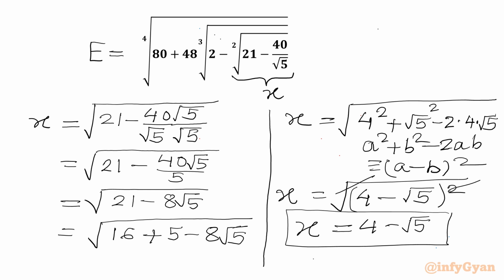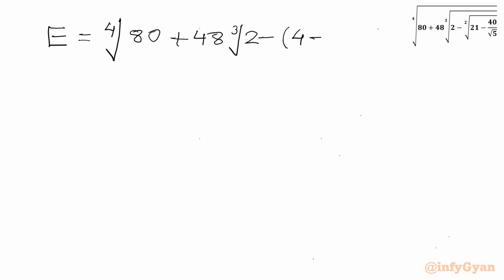So this value we will apply here. Let's apply. So I will write E equal to the fourth root of 80 plus 48 times the cube root of 2 minus, now we will write 4 minus root 5. This was our value of x.